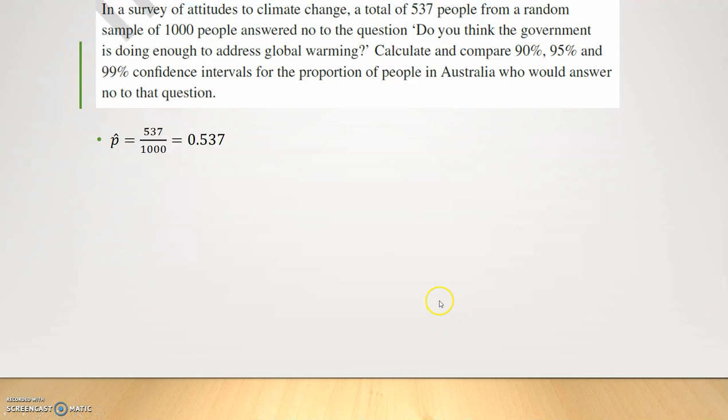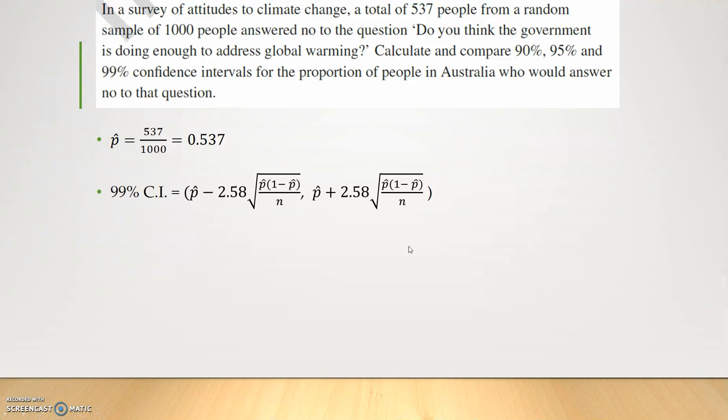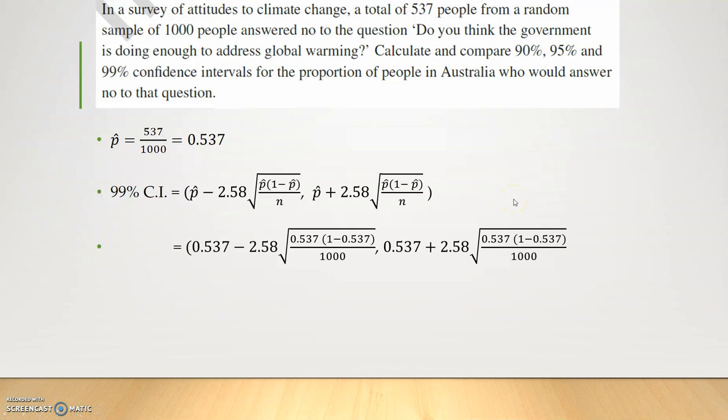Now let's look at the third confidence interval, the 99% confidence interval, this time using a K value of 2.58. Same value for p hat, same sample size. When we calculate our 99% confidence interval, we find that the confidence interval is from 0.4963 to 0.5777.